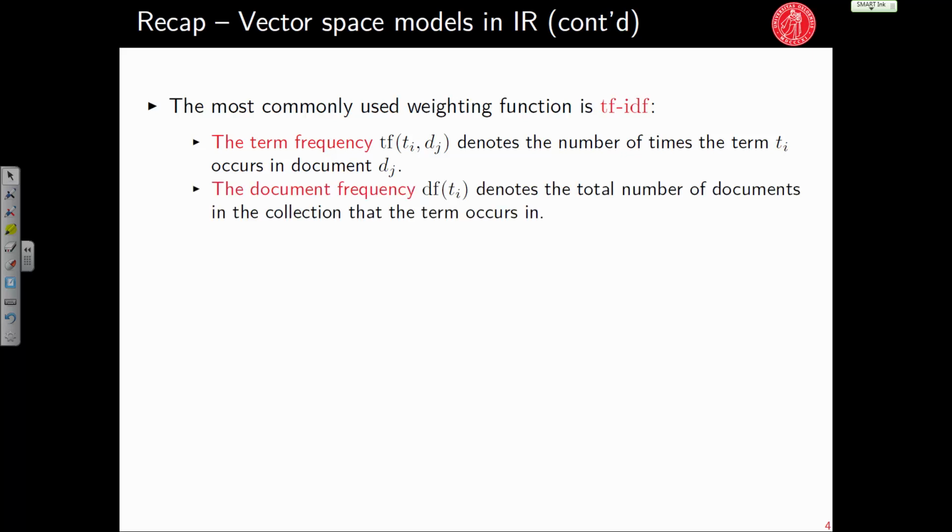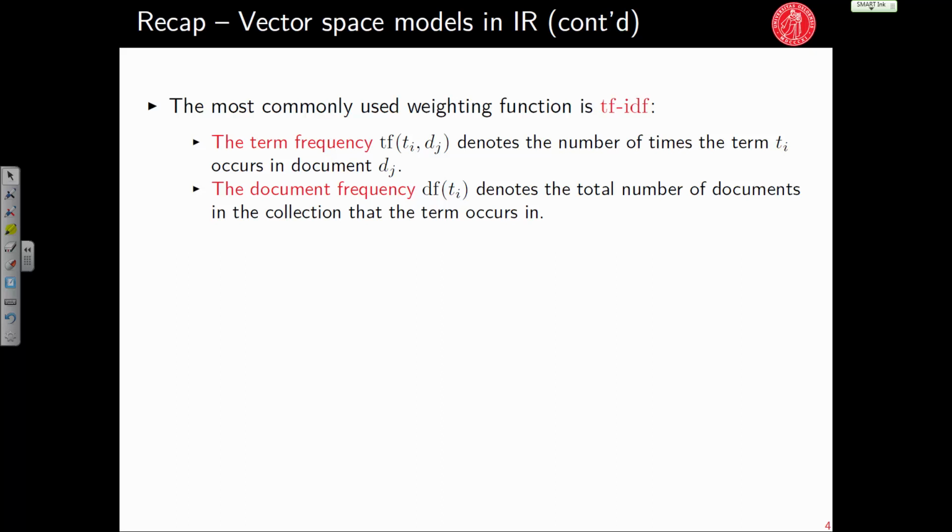And then you have the inverse document frequency. First we start with the document frequency, which is the total number of documents in our collection in which a term occurs. When you work with IR, you're working with a collection of documents, like everything on the internet, so millions of documents. The DF function counts how many documents in your collection have a given term.